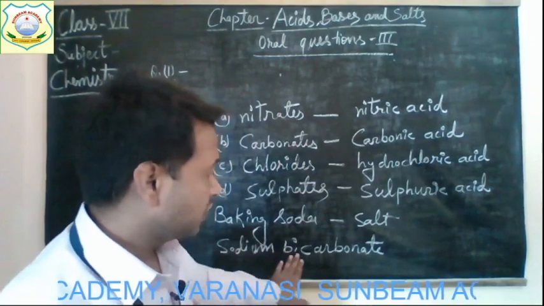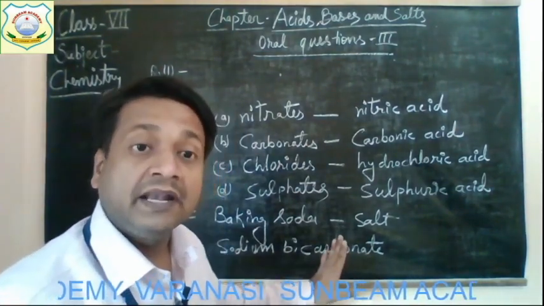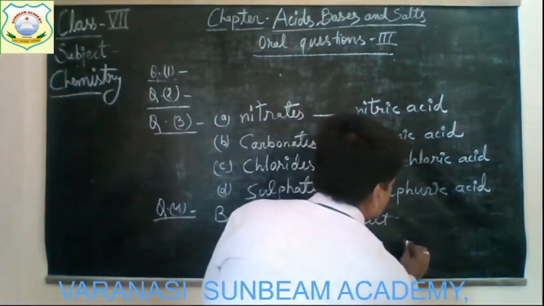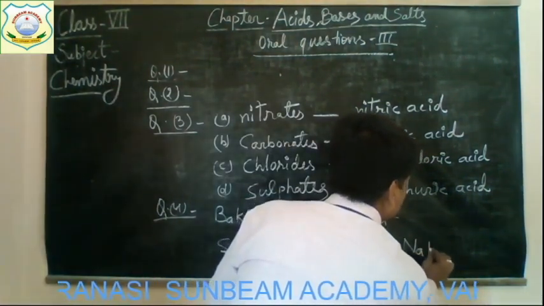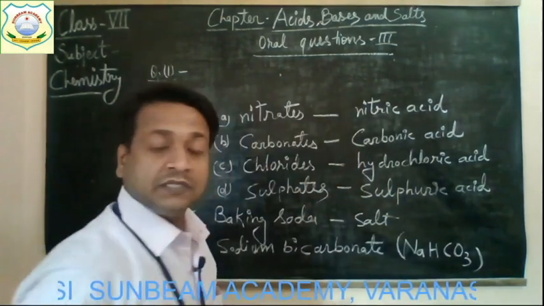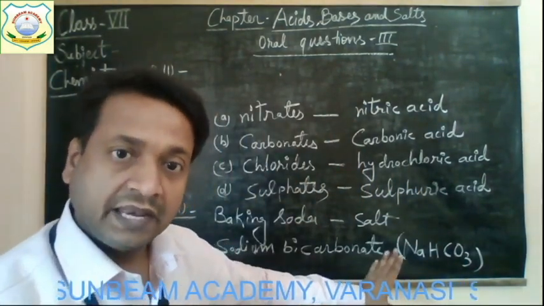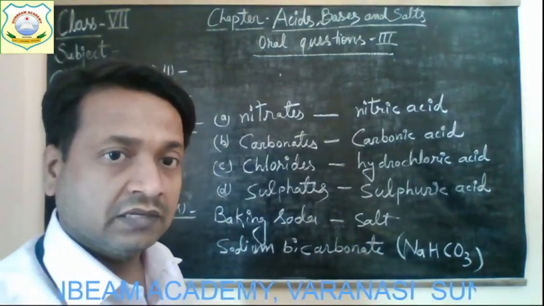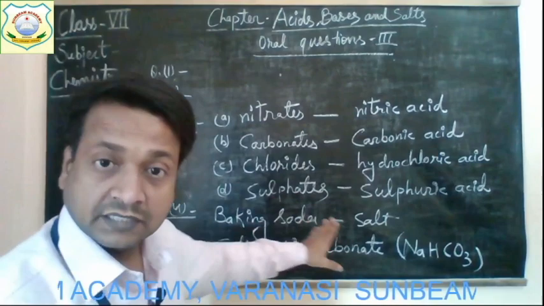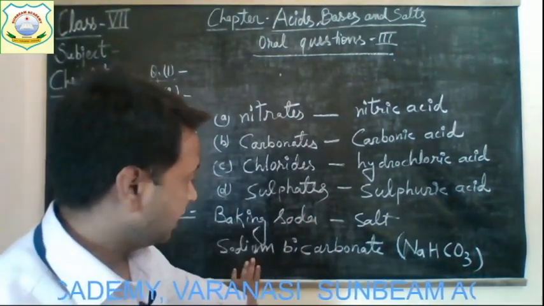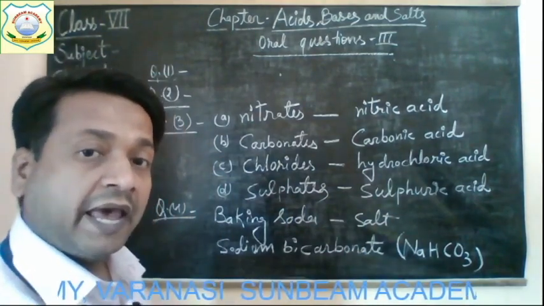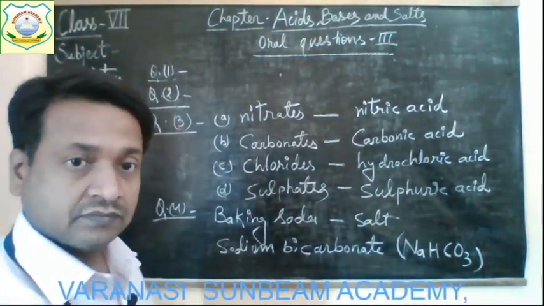It is sodium bicarbonate. And the formula of this salt is NaHCO3. Get it? Baking soda, it is a salt. Its chemical name is sodium bicarbonate and its chemical formula is NaHCO3.